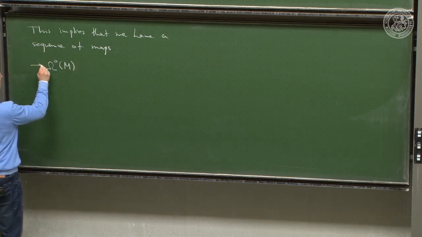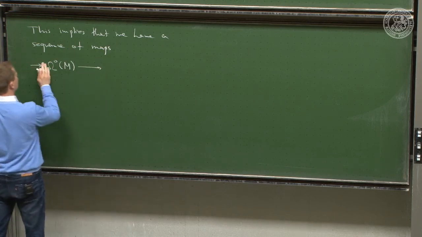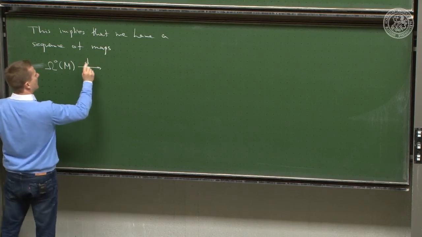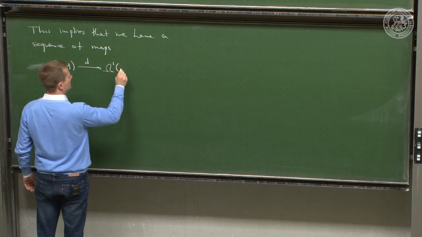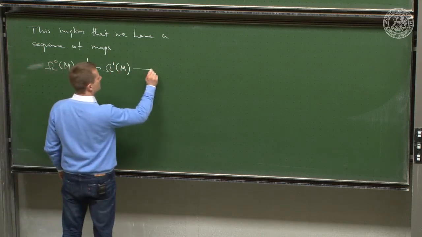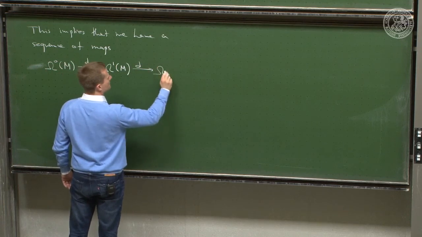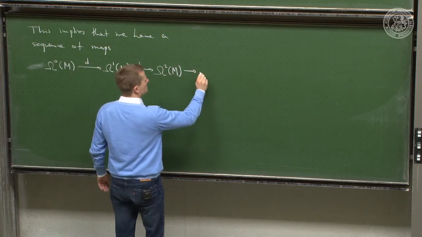But actually I will have one more space in front of that. Now if I have a smooth function, so forget this arrow at the moment, I can apply the d and I get a 1 form, right? I increase the degree by 1. Once I have a 1 form, I can of course use again the d and produce a 2 form. And so on it goes, dot, dot, dot.